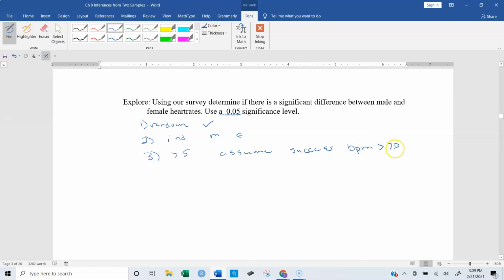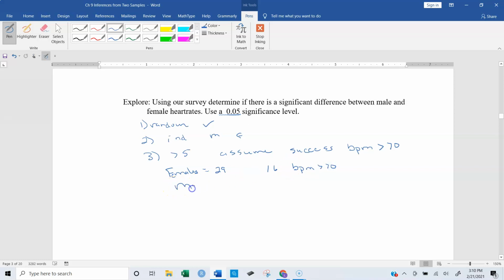So since we're assuming greater than 70, now you have to go to your data, make sure you've done that. You've sorted it by male and female. When I did it anyway, we had a total of 29 females, and 16 of them had beats per minute greater than 70.